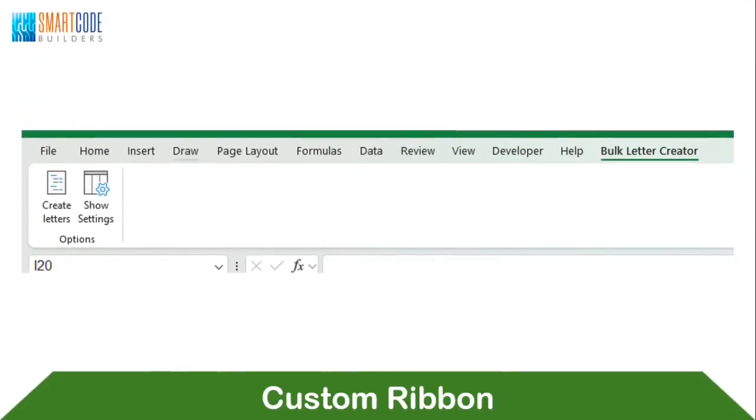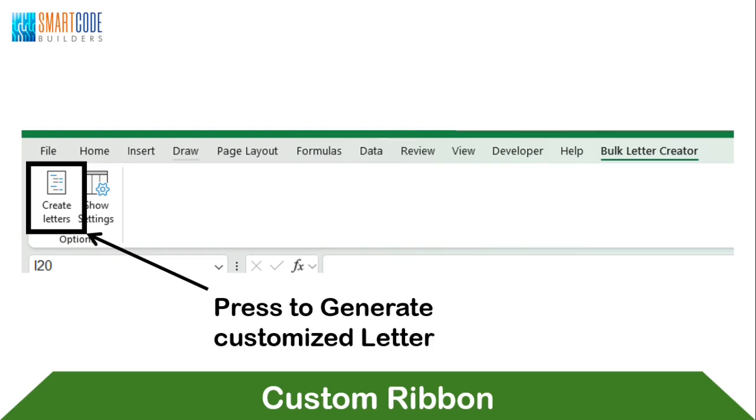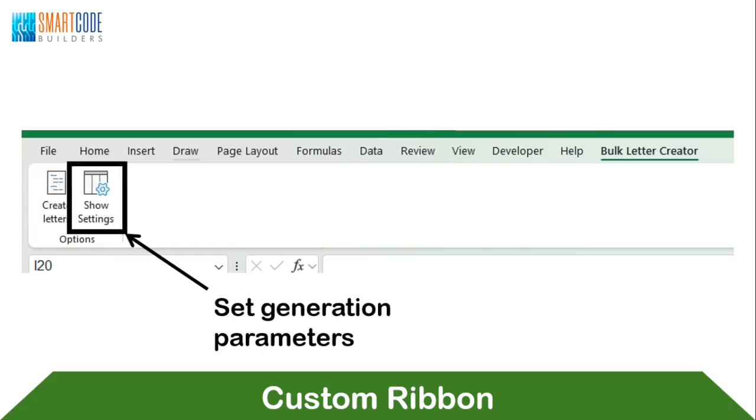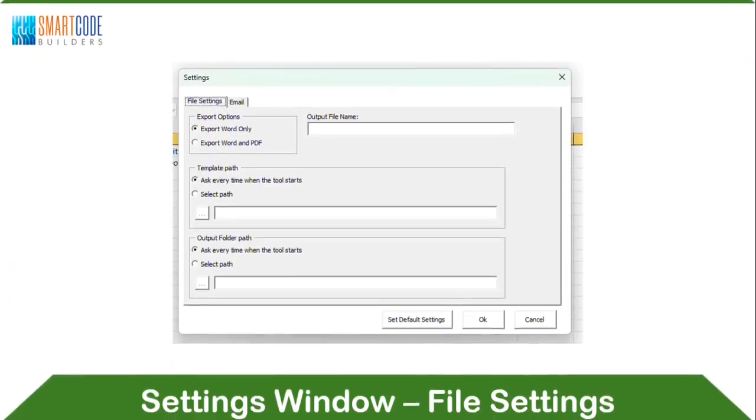Also on the Excel ribbon, you will find a tab named after this template, where you can access two buttons: Create Letter, which generates the document with its corrections, and Show Settings, which allows you to modify parameters for letter generation.